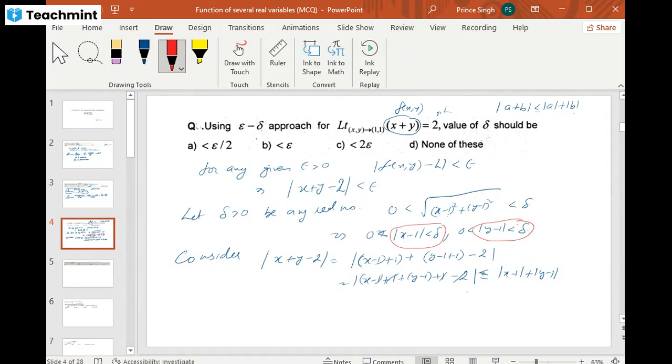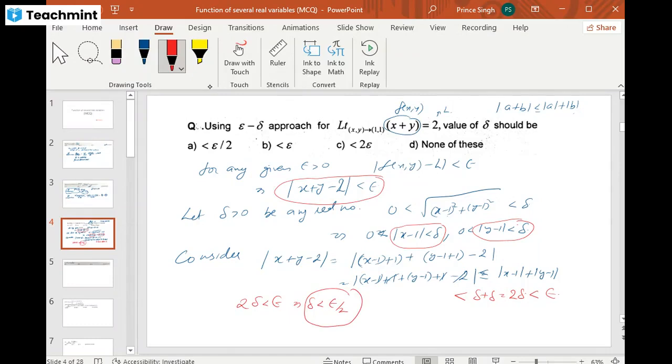So this is less than delta plus delta, that is 2 delta. But this term should be less than epsilon, so it gives us the relation that 2 delta is less than epsilon, meaning the value of delta is less than epsilon by 2.